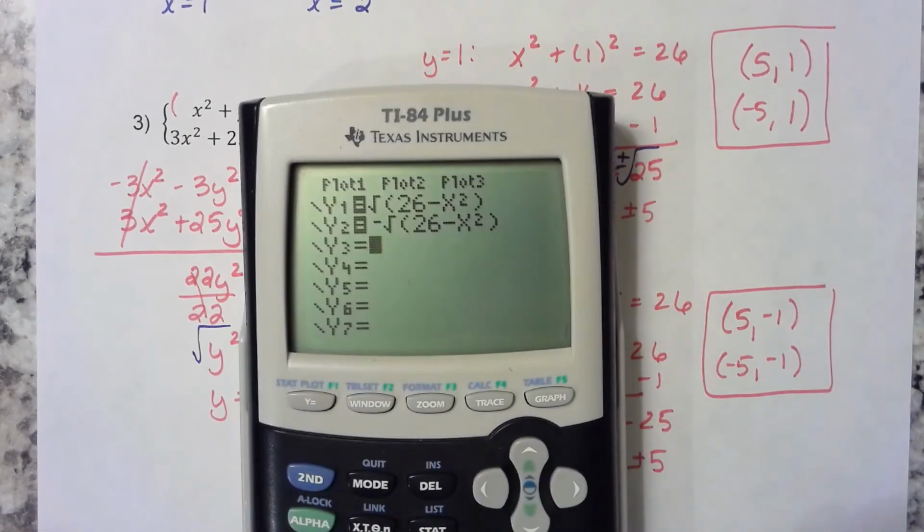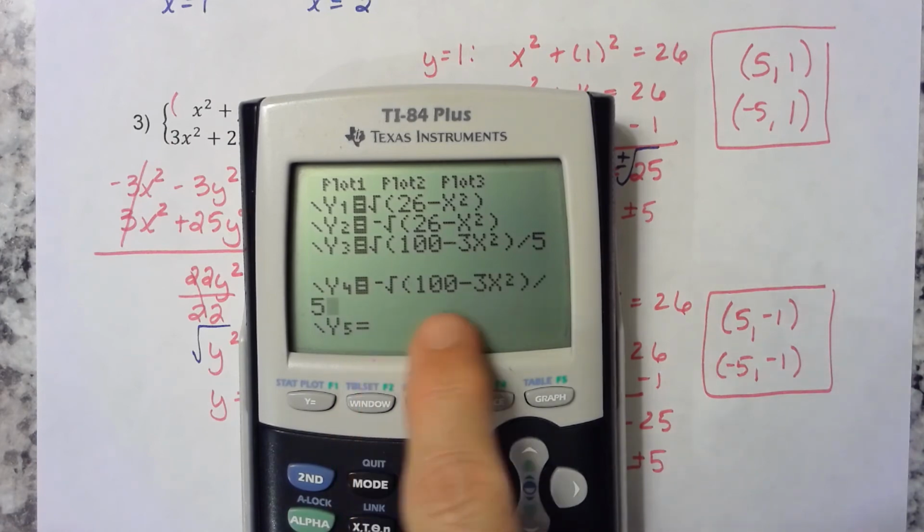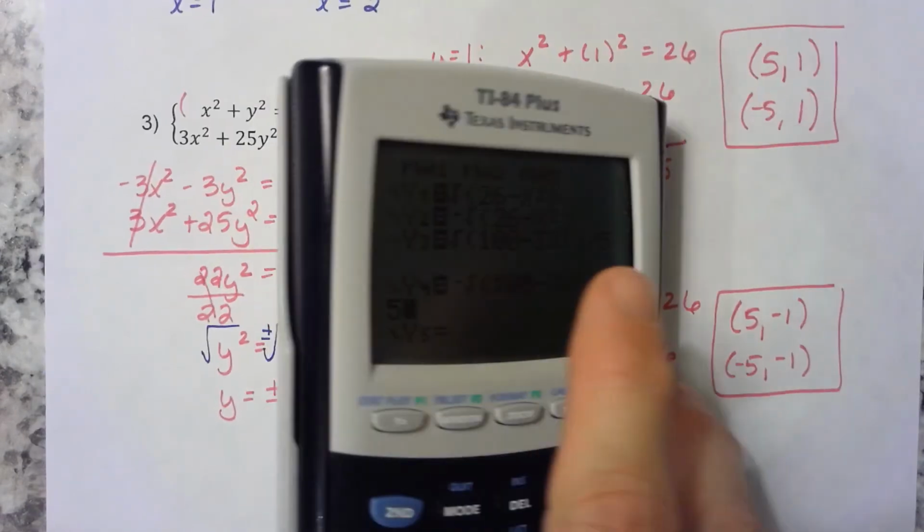Hopefully I can get all that in there. I'll just make sure. Negative square root of 100 minus 3x squared all over 5. I think all that's right.